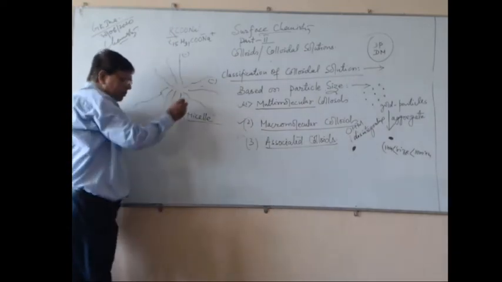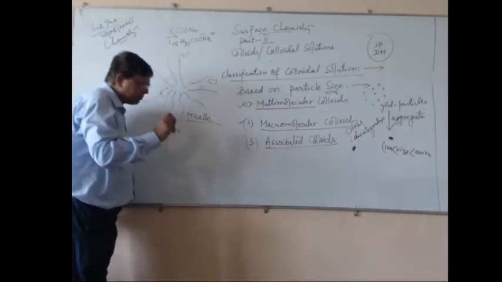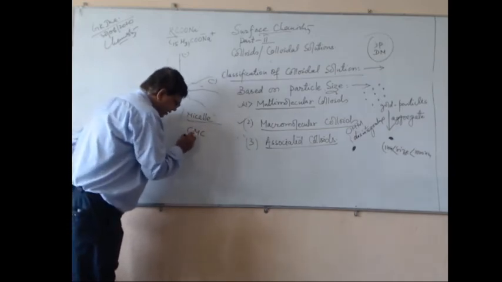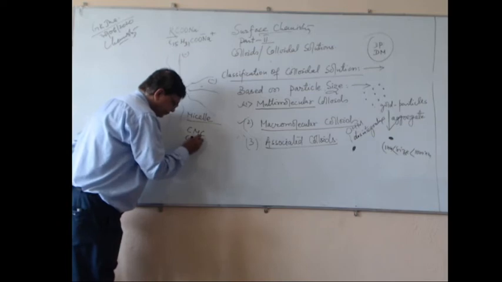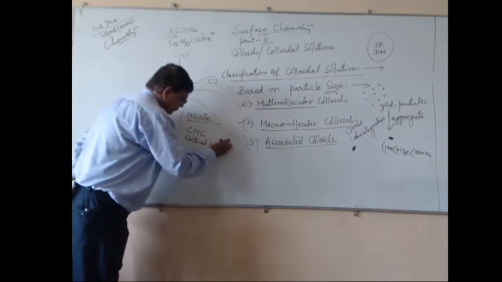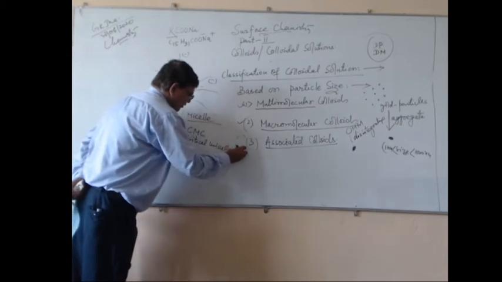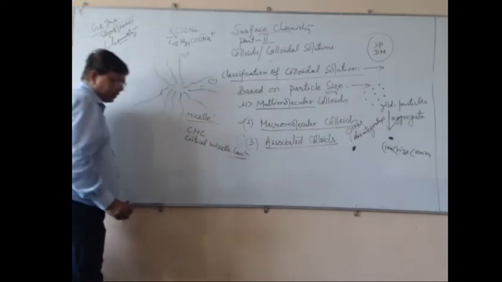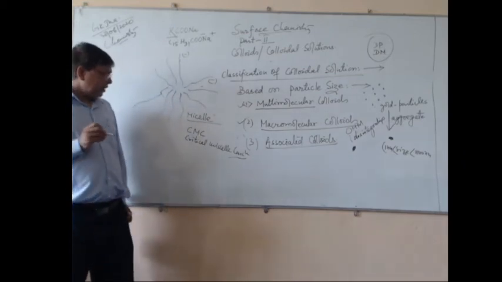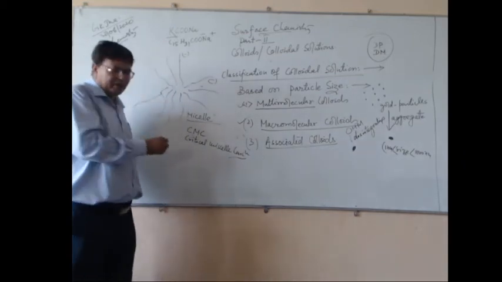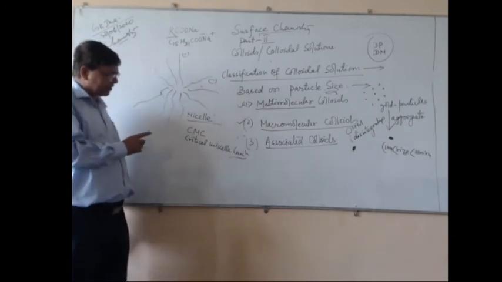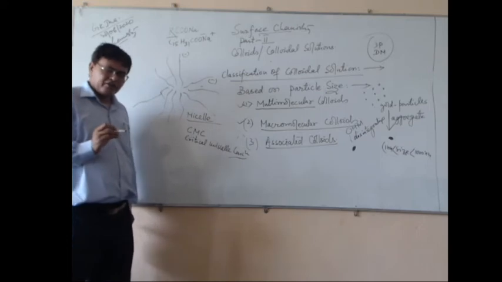And for micelle formation, there should be a minimum concentration, that is known as CMC, critical micelle concentration. After a certain concentration only, micelle formation takes place and associated colloid is formed.